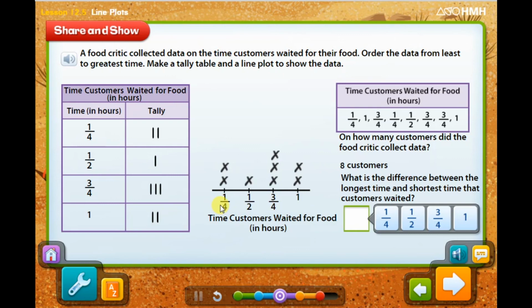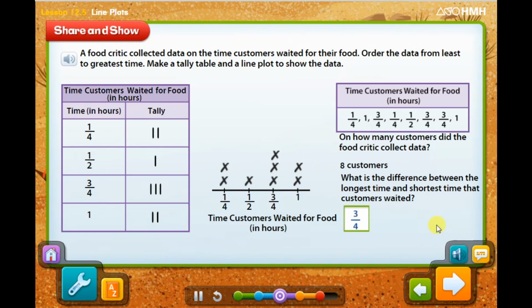Keep the denominator, add or subtract the numerators. So we will keep the denominator, which is 4. Then we subtract numerators. 4 minus 1 would be 3. So the answer will be 3 over 4.